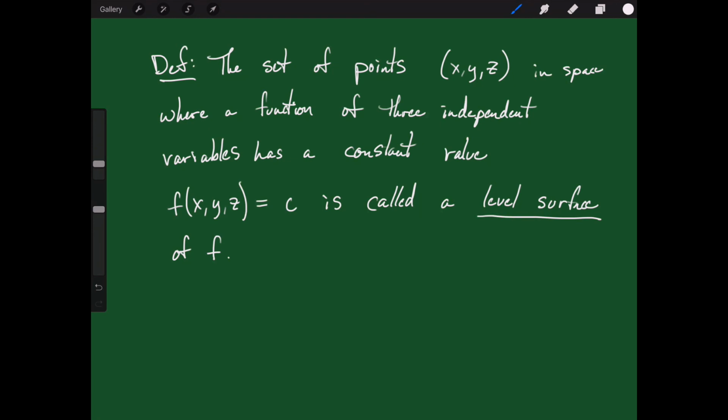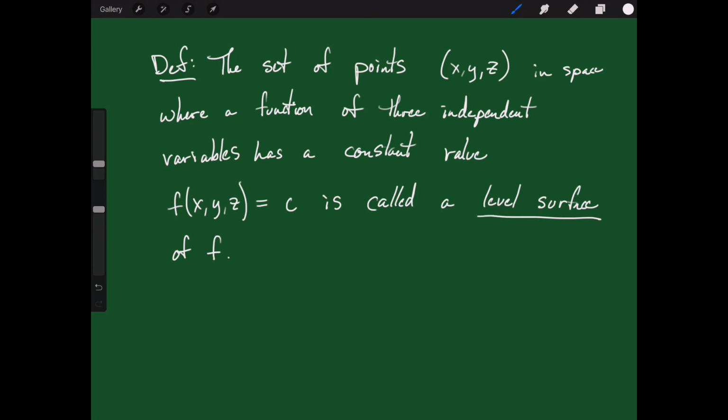Now, level surfaces are really our only way to investigate functions of 3 variables, because functions of 3 variables live in 4 dimensions. And we can't graph 4 dimensions very well, right? So we lose our ability to gain full perception of something as soon as we hit 4 dimensions.